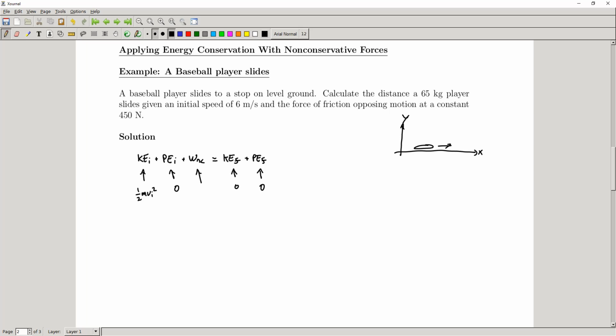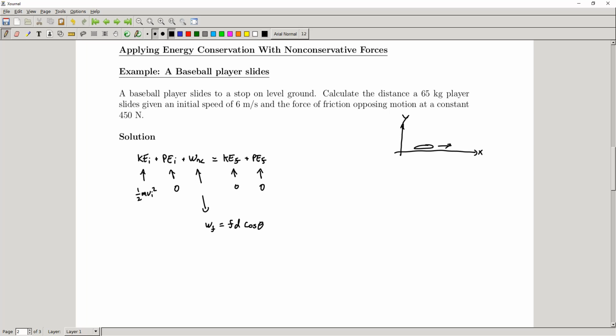And what is the non-conservative work being done here? Well, let's think about our definition for work. We know that work, and I'm going to call this the work done by friction, is just going to be equal to our force of friction times our displacement times the cosine of the angle between them.